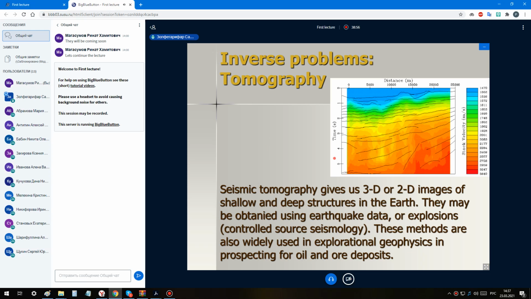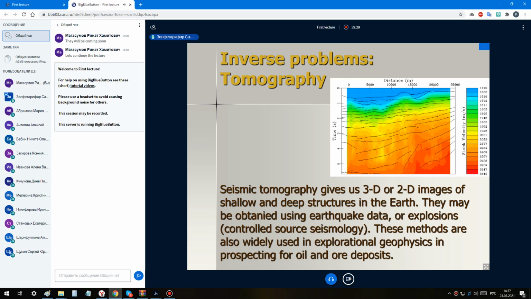And tomography. Seismic tomography gives us a 3D or 2D image of shallow and deep structure in the Earth as shown in this schematic. Shapes in 2D, coloring contour show per distance per time.